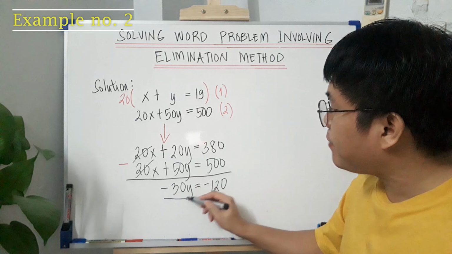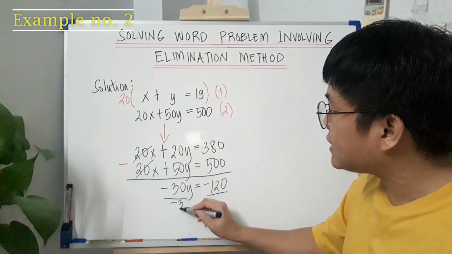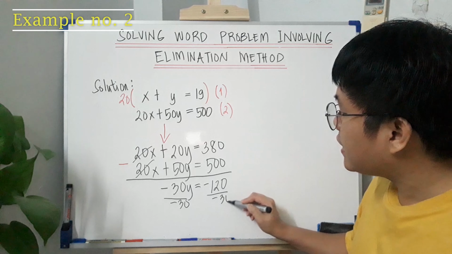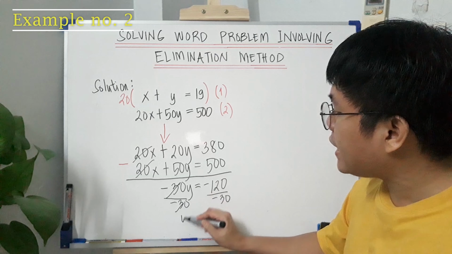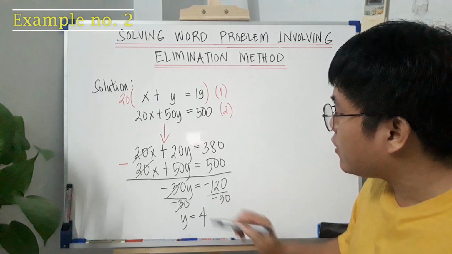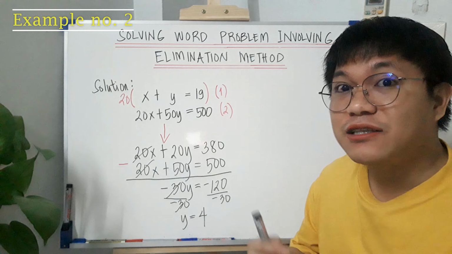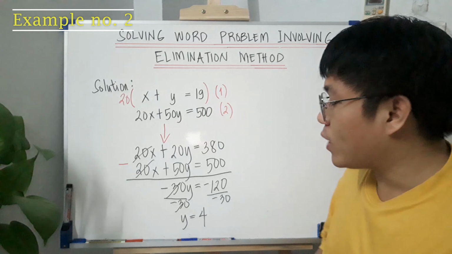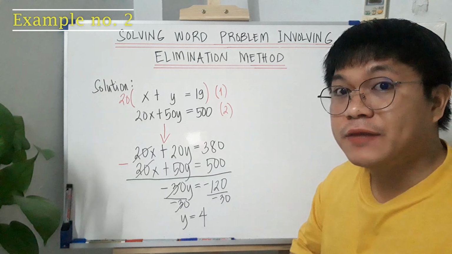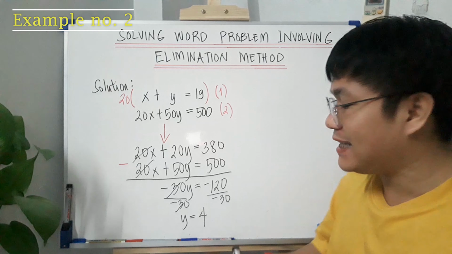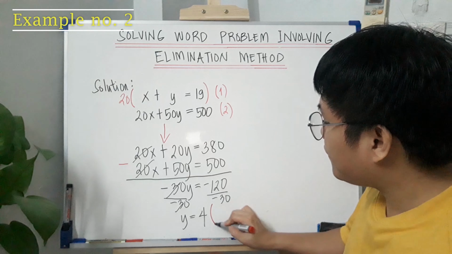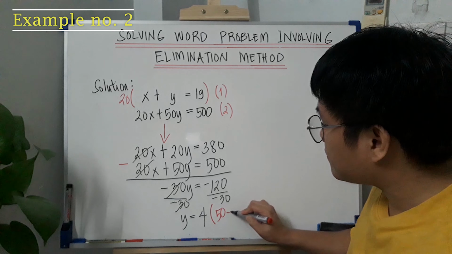And then divide both sides by negative 30. Therefore, our y is equal to positive 4. Now, previously, we let y as the 50 peso bill. Therefore, there are 4 50 peso bills in the wallet of Alexis.